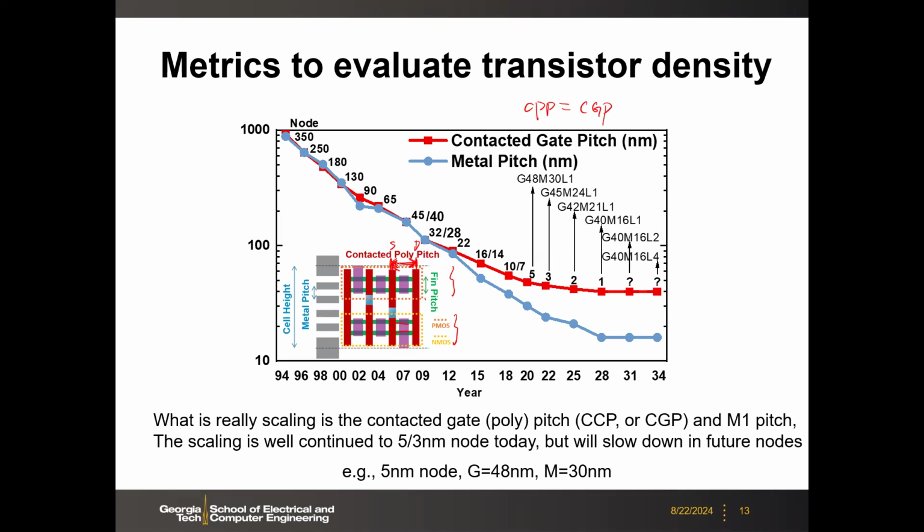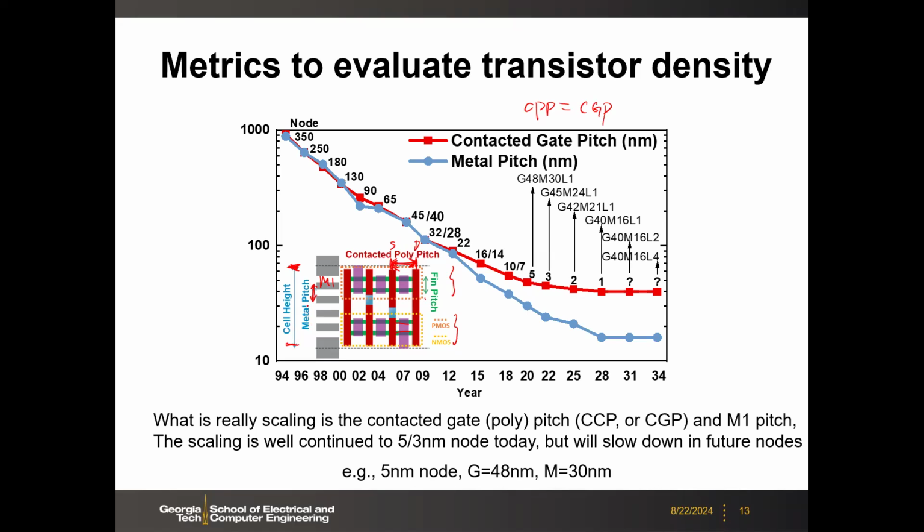And then vertically you care about the cell height of the standard cell, and that depends on how many metal tracks you are going to use for the routing. So the M1 metal pitch is the indicator of the vertical dimension. And of course for the standard cell, you will ask how many metal tracks you use.